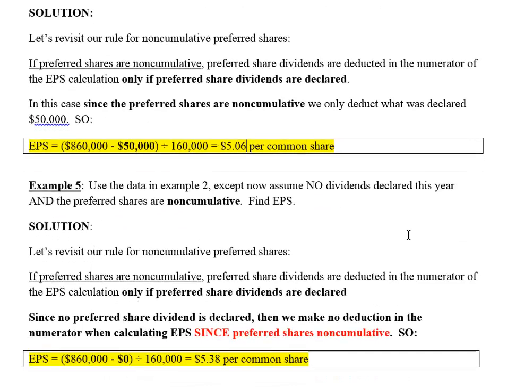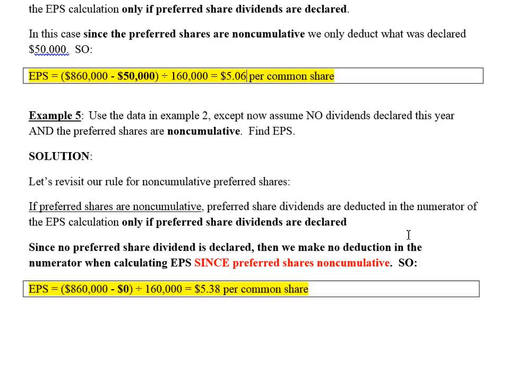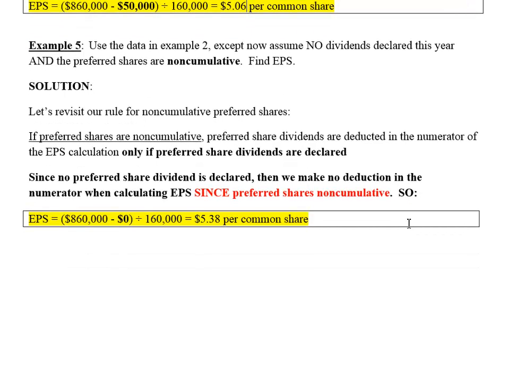Now let's look at another example. Let's again use that example in data 2, but let's assume that no dividends were declared this year and the preferred shares are non-cumulative. If we go back to our rule, we can only deduct preferred share dividends that are declared, if they're non-cumulative.